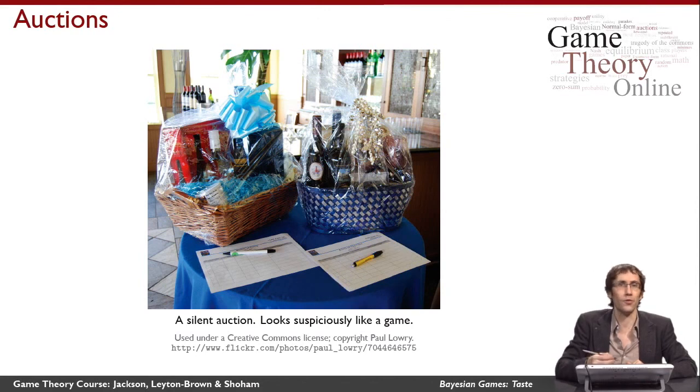And at the end, presumably, you don't write down a number that is worth more than the gift basket is worth to you. At the end, if you have the highest number, you win the gift basket. You realize an amount of utility, which depends on how good the gift basket is from your point of view. And you pay whatever amount it is that you wrote down on the piece of paper, which is presumably less, and you get the difference as your utility for having played the game.